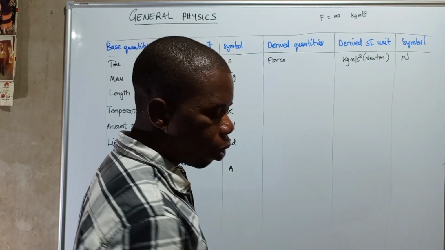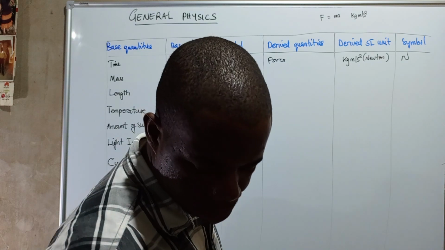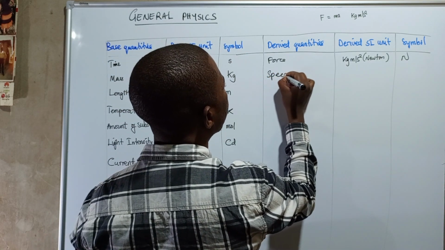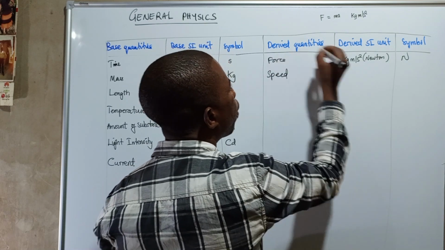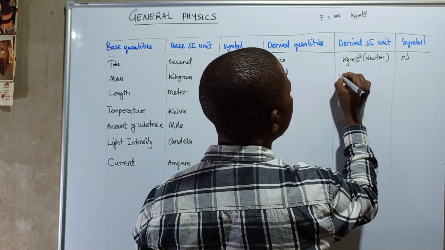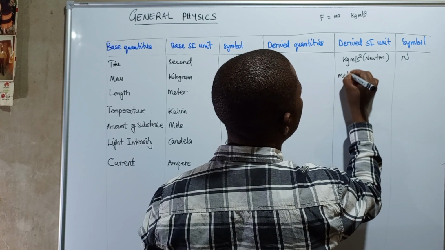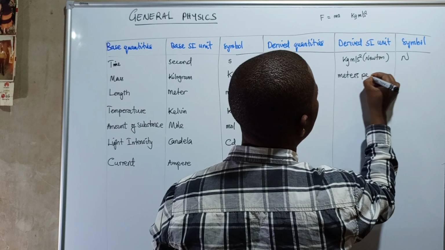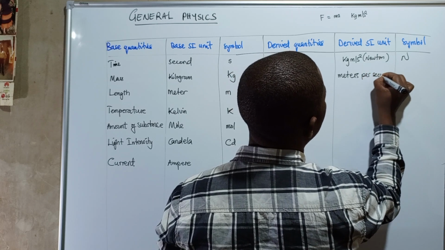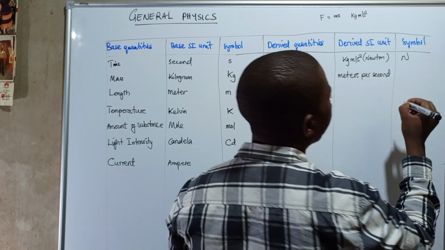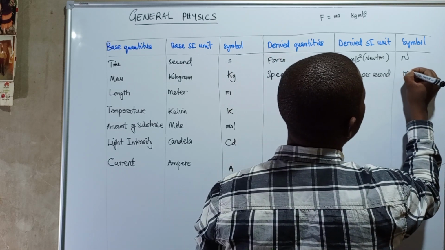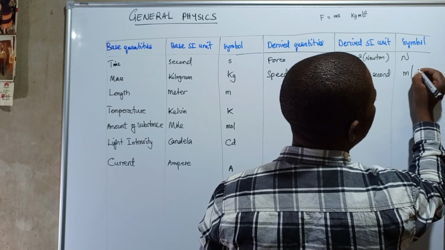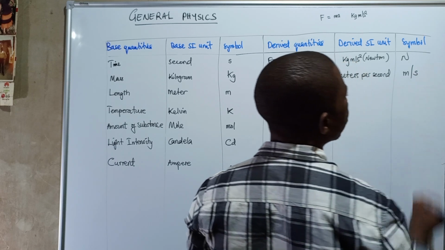Then the other one that we can talk about is speed. Speed is a derived quantity which is measured in meters per second, which we write as a small letter m, then a slash, then a small letter s.